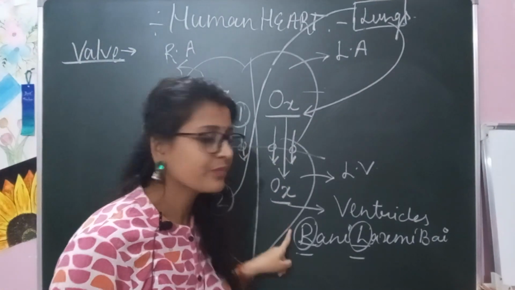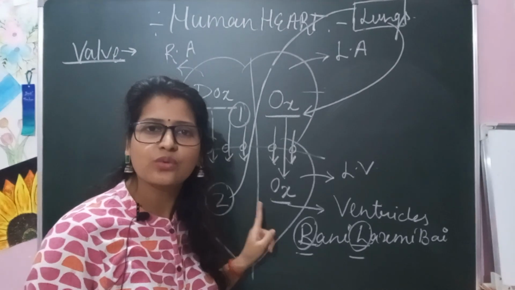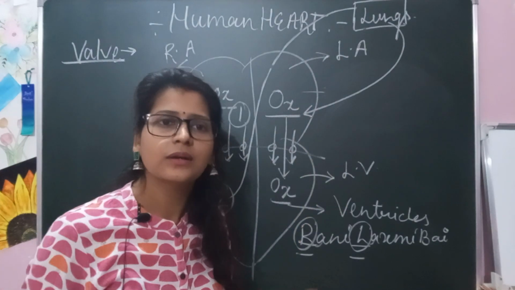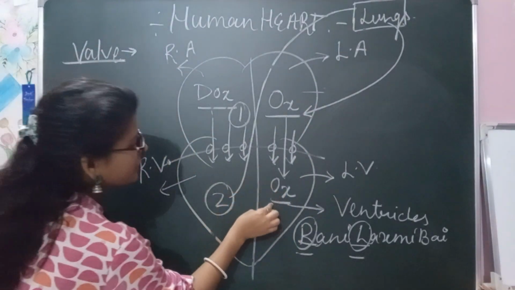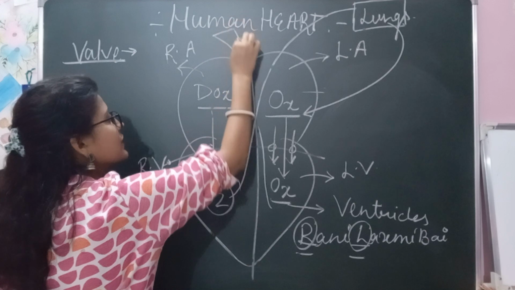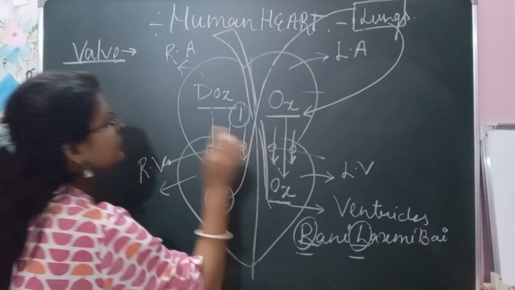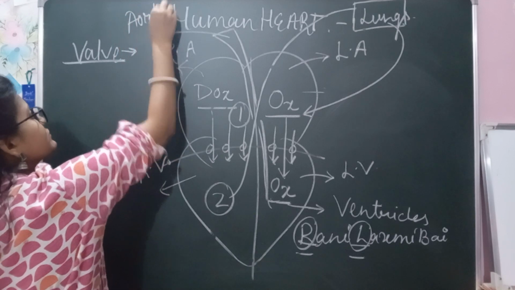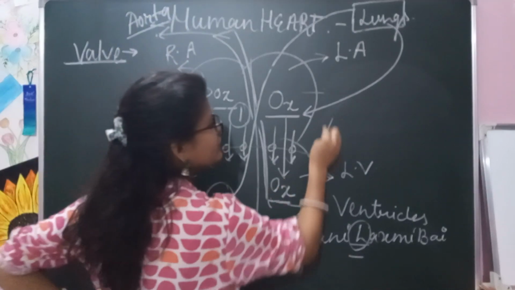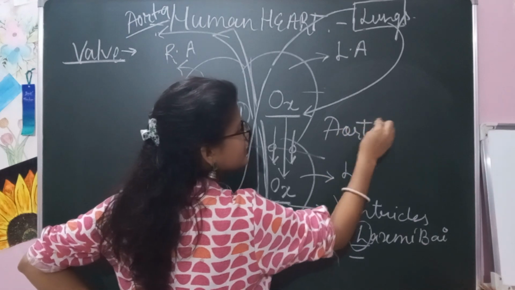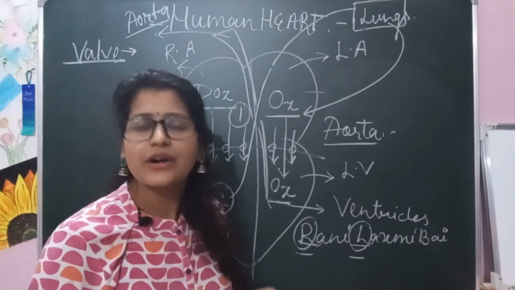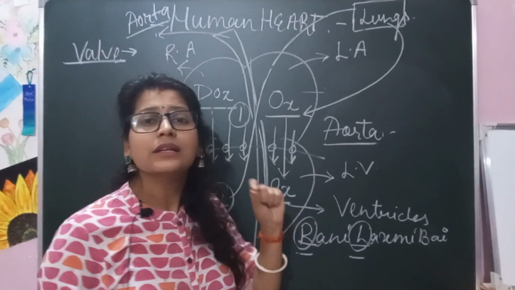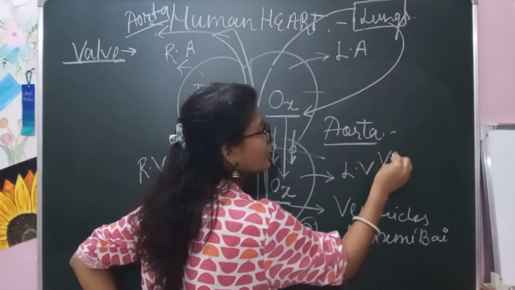And from here this blood circulates to all parts of the body. For this we also use a special type of blood vessel known as the aorta. Just write it down. The aorta is the largest artery of the human body, and the largest vein is the vena cava.